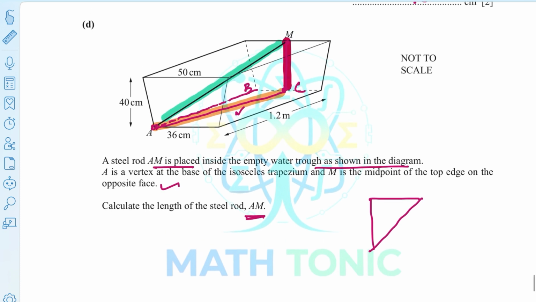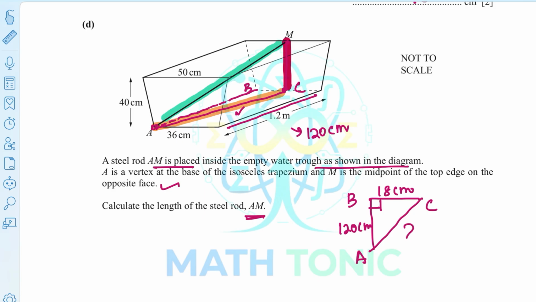3D mensuration is all about visualizing the things, okay? This is A, this one is B, this one is C, this is 90 degrees, right? This one is given 18 centimeter. This one is given 1.2 meter, that means 120 centimeter. Check this, this AB is also 1.2 meter.